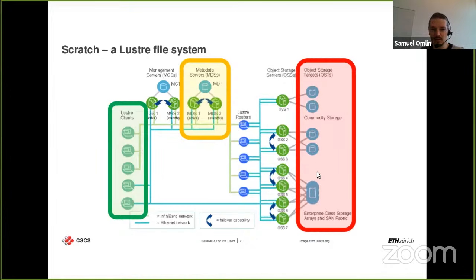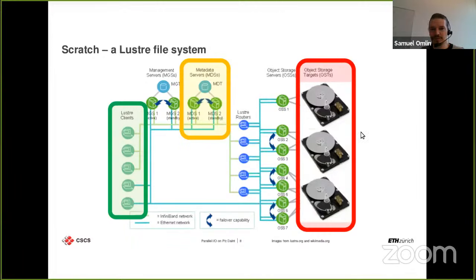These OSTs are the most important for us to think about. That is where the stuff is actually written. And the metadata, well, is the metadata. In these object storage targets, we have an enormous amount of hard disks.